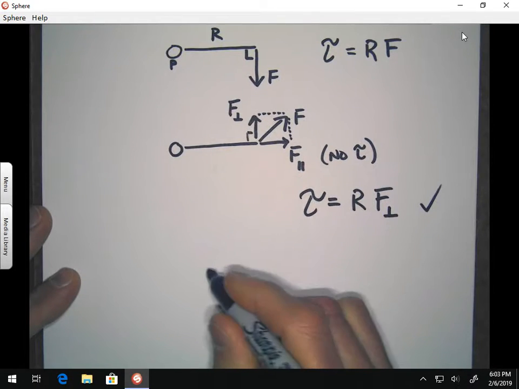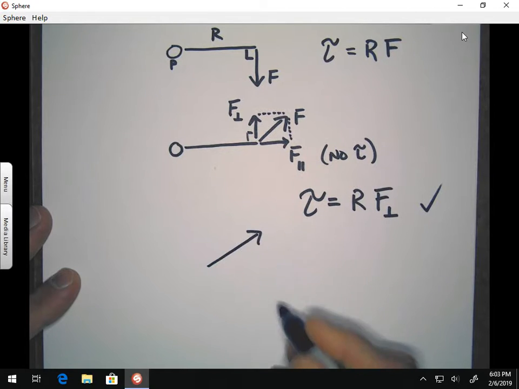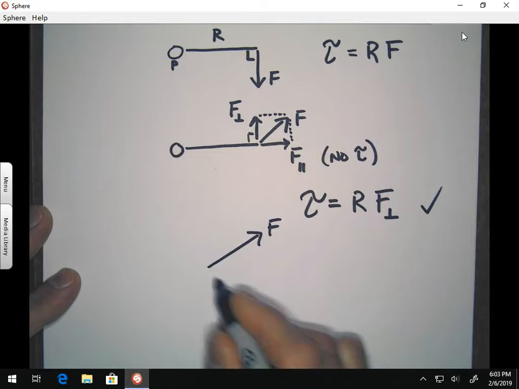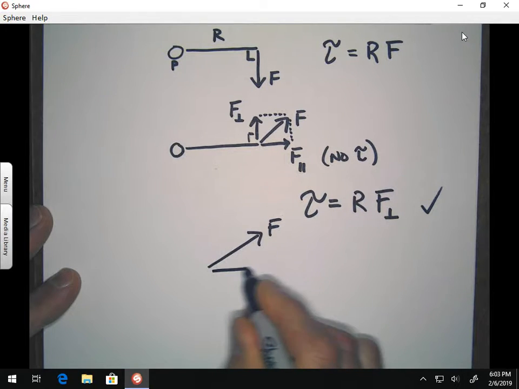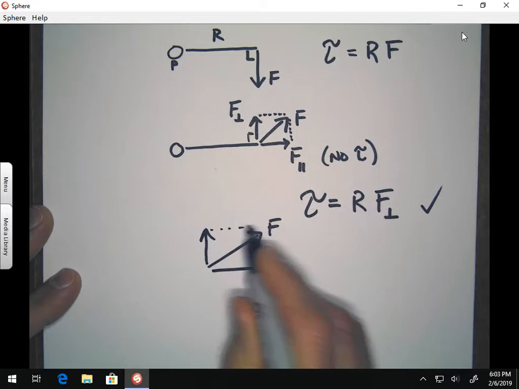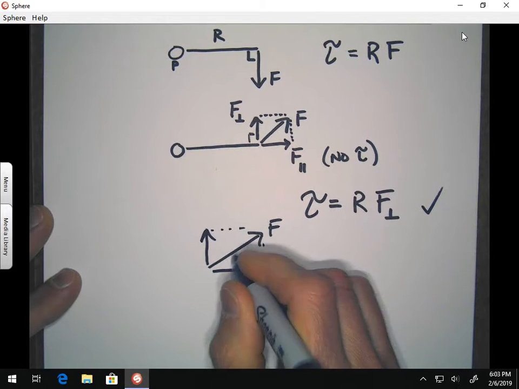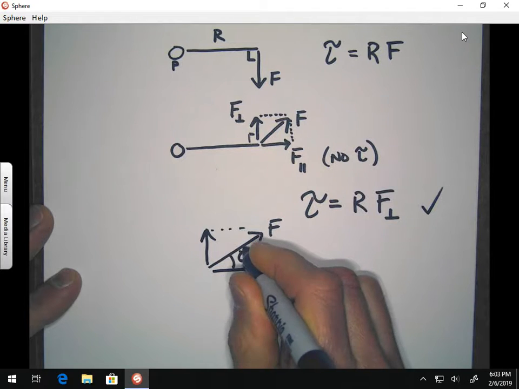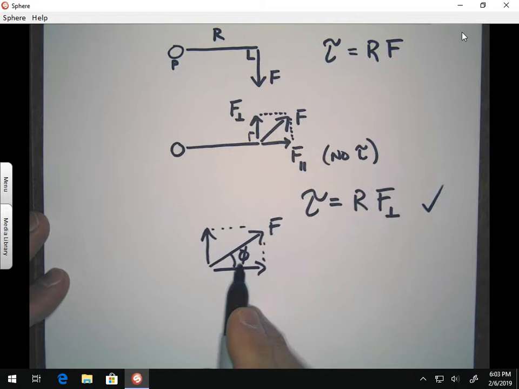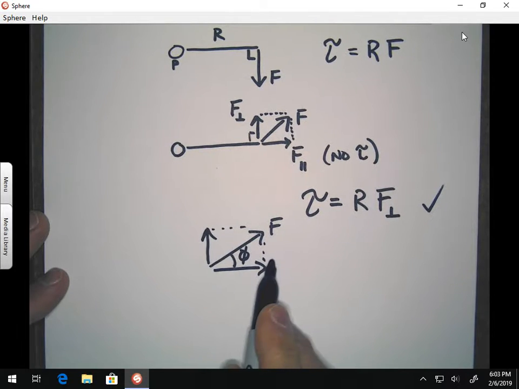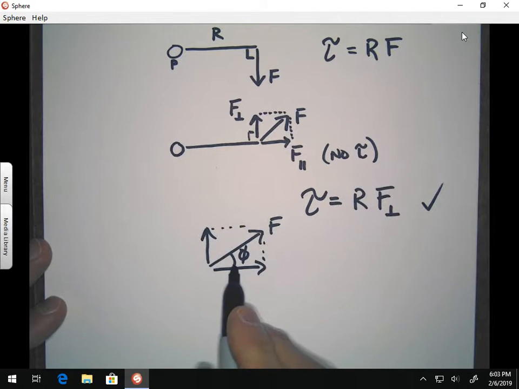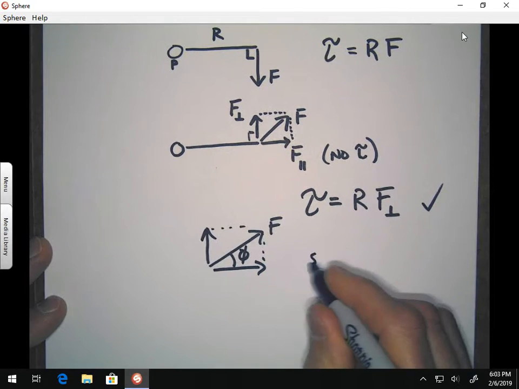This goes back to trig. I know you're groaning right now, but deal with it. In trig, if you have a vector like this and you want to get its components, and you know an angle, then you can use the angle to find the components, but you have to remember SOHCAHTOA.